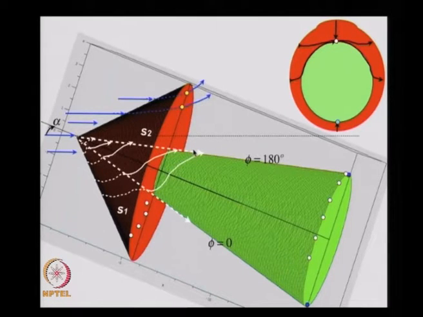I'll probably go to the board in a while and write that out. So this line is actually a line of vortical singularity, and it projects onto this point here. So you can see that this point on the projected plane here is the point of vortical singularity.